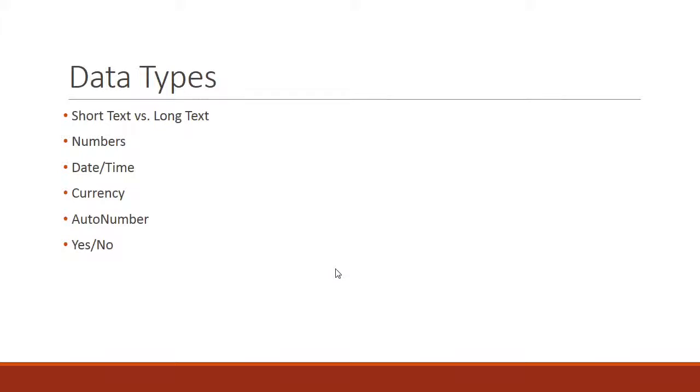And then we also have numbers, which I skipped over, and numbers are what you think. The only thing is that Access will treat them as numbers and not text. We can actually perform operations on these numbers. We can divide, we can multiply, and we can do other things you would do with math that you can't really do with numbers as text or as strings.